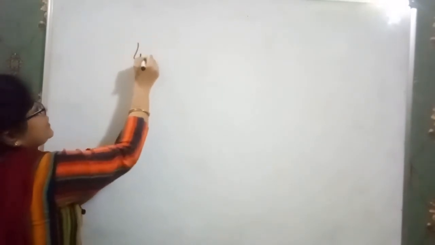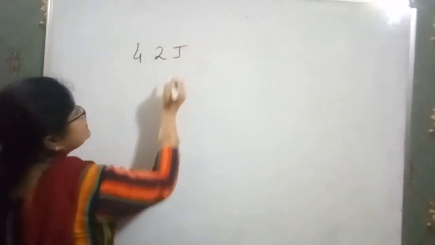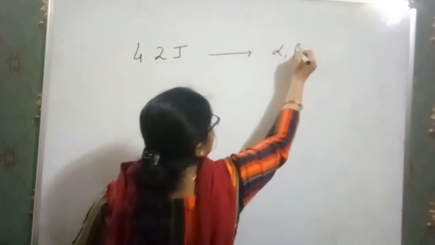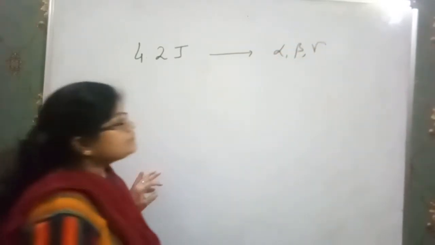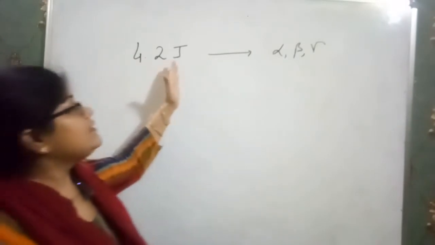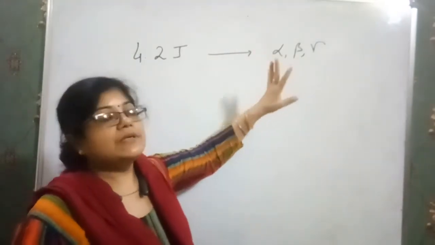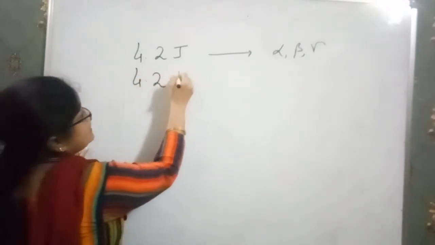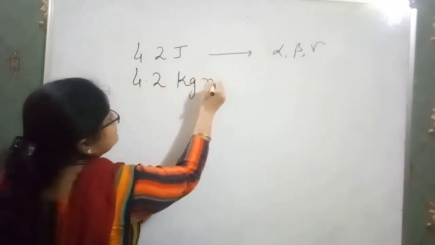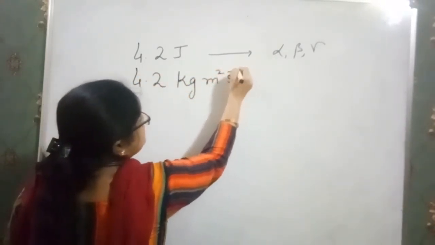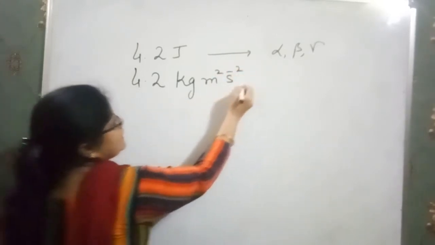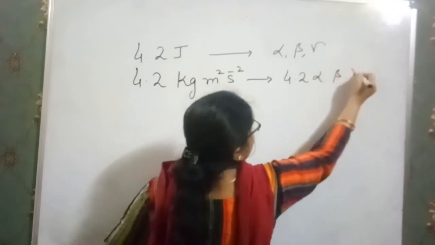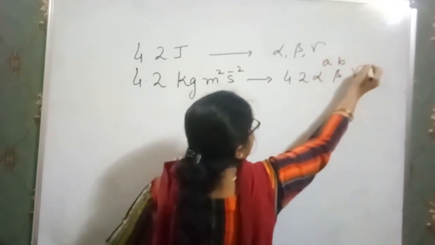For example, we have 4.2 joules and we have to write its unit in the form of alpha, beta and gamma. That means we have to write the units in form of symbols. As we know, the joule is equal to kilogram meter square per second square. And we have to write its unit in the form of alpha, beta and gamma to the power a, b and c.